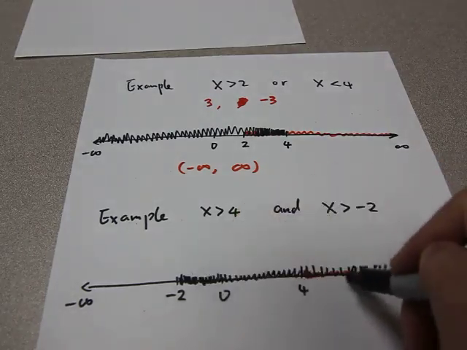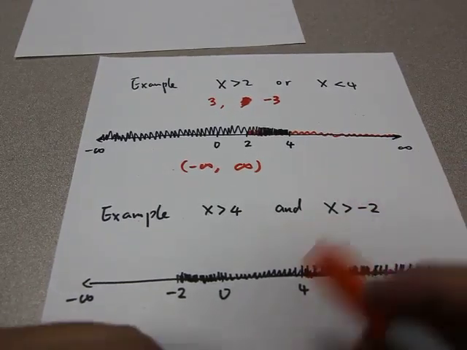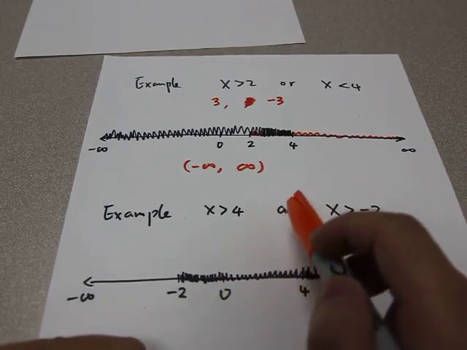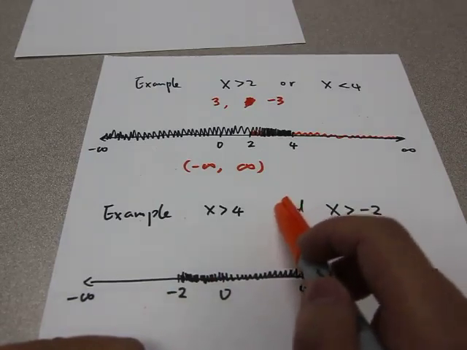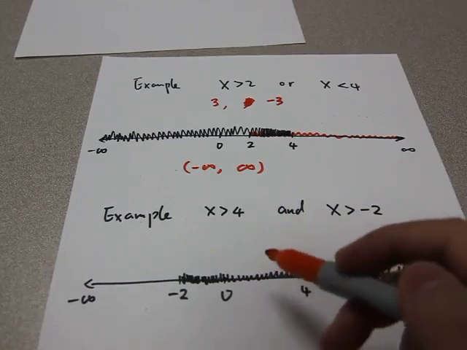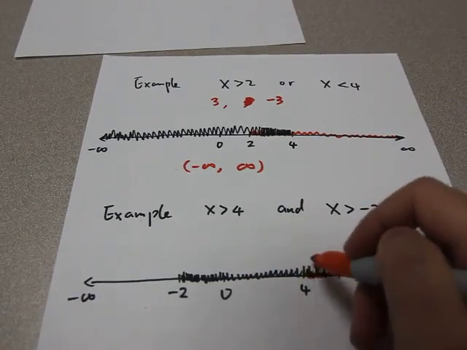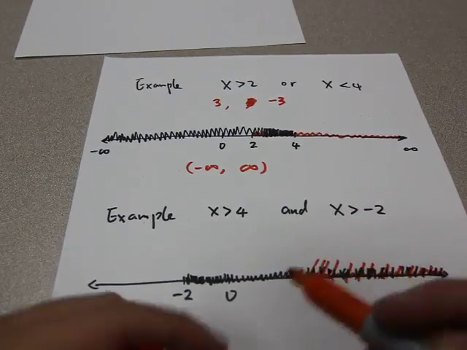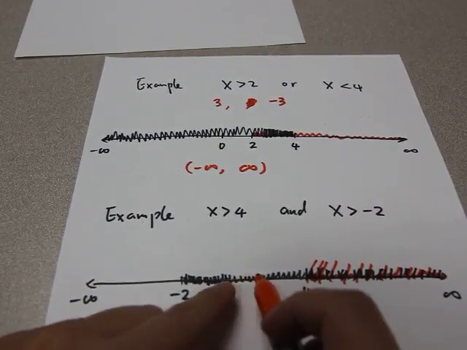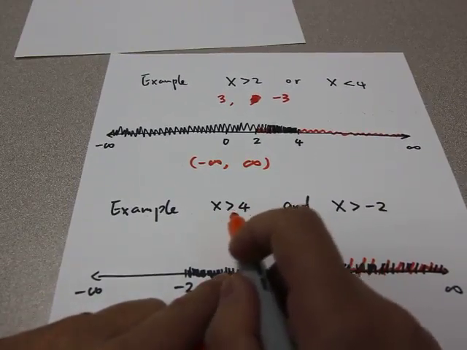Now we said if the compound inequality is connected with "or", then the answer should be everything we covered, right? And if the compound inequality is connected with "and", we should only consider the piece where the two different regions overlap. So the answer should be just this. Why? Because if you consider the piece from -2 to 4, any numbers in this piece are not greater than 4, right?